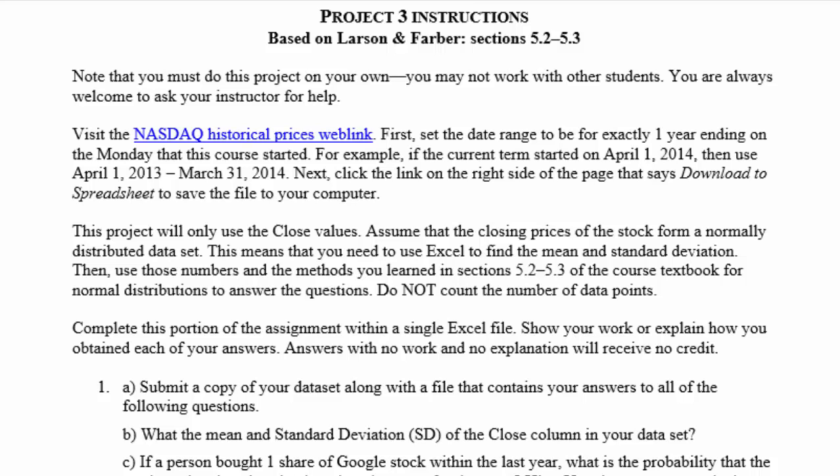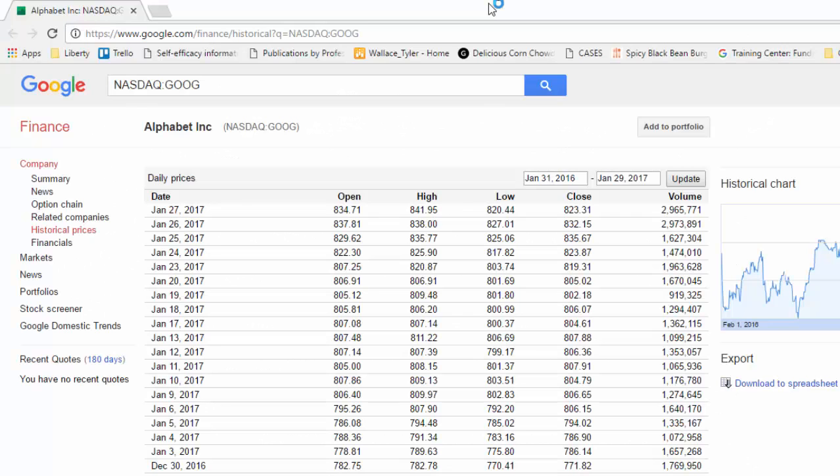Project 3 is going to give you the opportunity to play with real data and the normal distribution to calculate some probabilities. For this project, these instructions are very important. First, you're going to click this link for the NASDAQ Historical Prices web links, and if you hit Control while you click on it in your document, it will open up the NASDAQ's closing values for the past year or so.